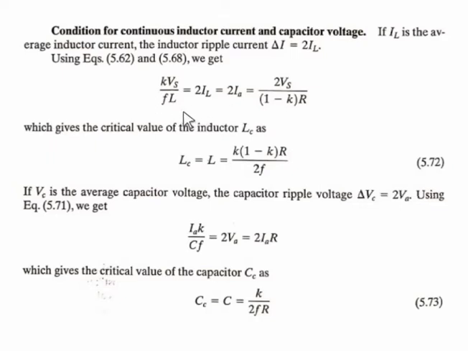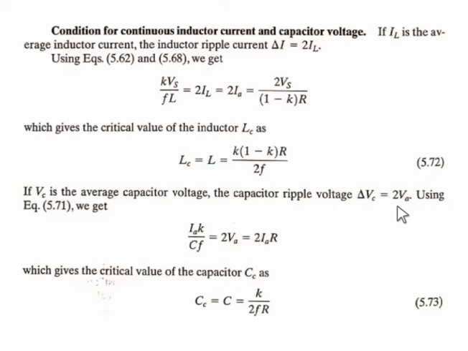If we solve these equations, denoting this L as the critical inductance LC, we get LC equal to K(1 minus K)R divided by twice F, which gives the critical value of the inductance for the continuous conduction of the inductor current. If Vc is the average capacitor voltage, the capacitor ripple voltage delta Vc equal to twice VA.